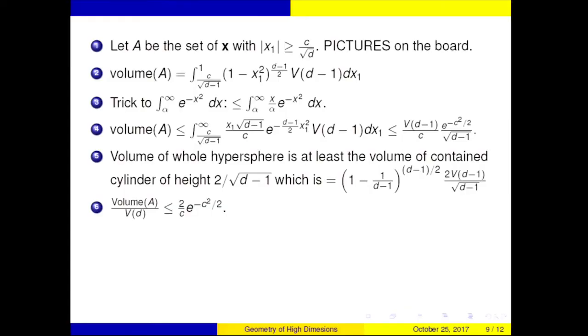Now why is that? Okay, let's see if you agree with that. So this is supposed to be the volume of the cylinder whose height is 2 divided by root d minus 1. So it's 1 divided by root d minus 1 away from the equatorial plane. So why do you get this factor?